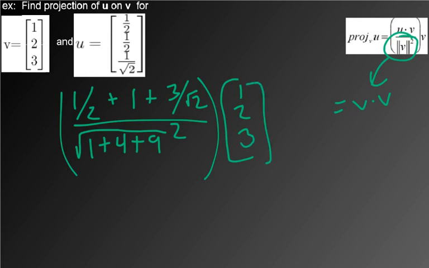And I'm going to go grab a calculator. So when I plug this part in here into a calculator, I get 0.2587. And then we have the vector 1, 2, 3.